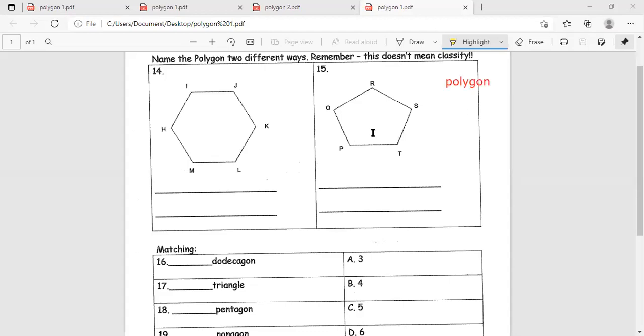And with the polygon, we have two types, which are regular and irregular figures. Is there anyone who can tell me what is the difference between regular and irregular figures? Regular polygon and irregular polygon.